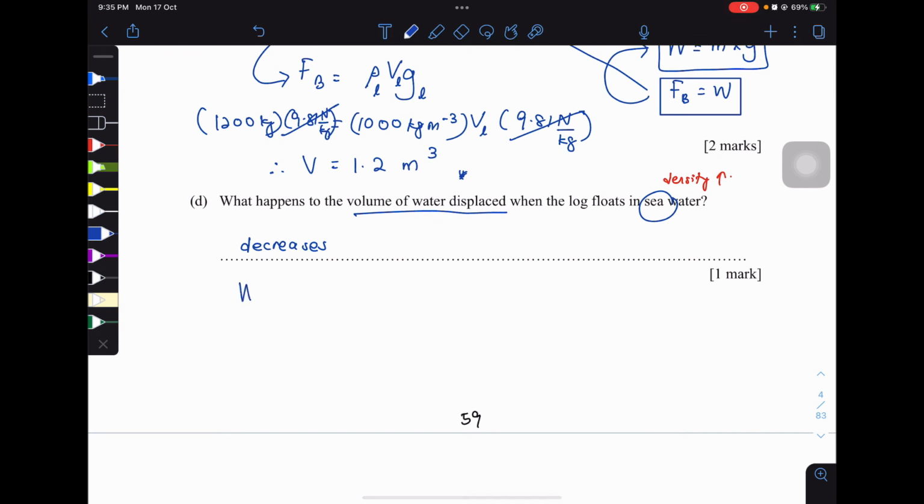Just now we know the weight of a floating object equals the buoyant force, and that equals density of the liquid times volume times g, rho V g. So what's the relationship between volume and the buoyant force, with density and g?